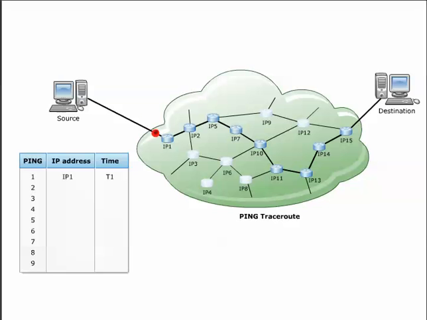A message is sent back to the originator, which tells us where it was dropped and how long it took to get there. The next packet will pass to the second router. The third packet will reach the third router, and so on. The result is a list where we can see routers which a packet has passed along its route to the destination address. We also get time measurements of how long it took to reach each router.